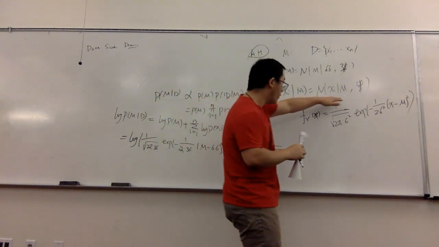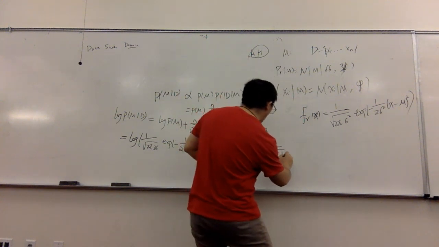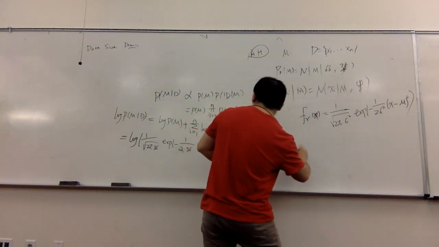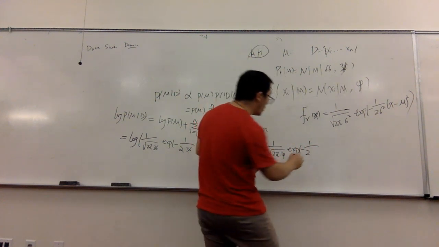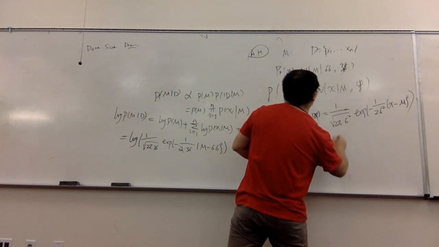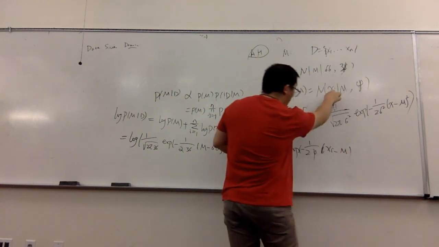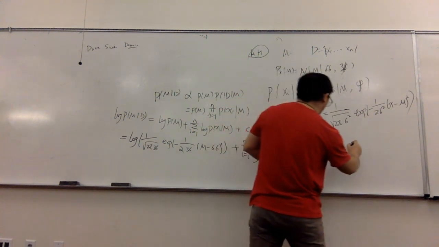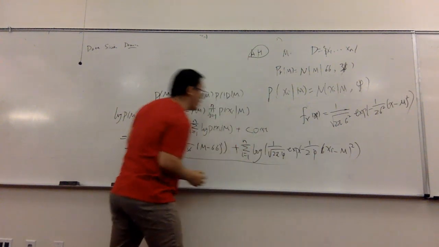In the likelihood, the variance will be 4, because the standard deviation is 2 inches, so the variance is 4. And exponential to minus 1 over 2 times the variance again, which is 4. Again, it's for the likelihood. And then xi minus the mean now becomes m, and take the square.